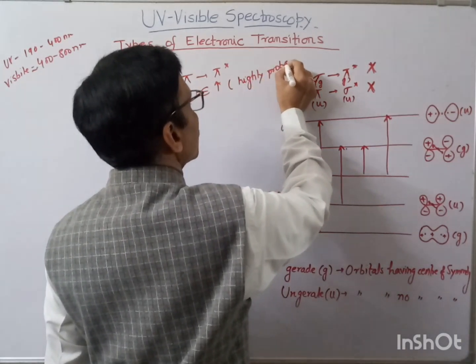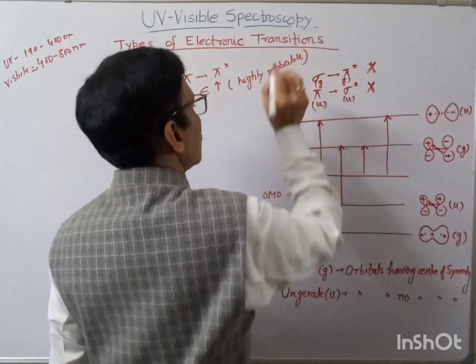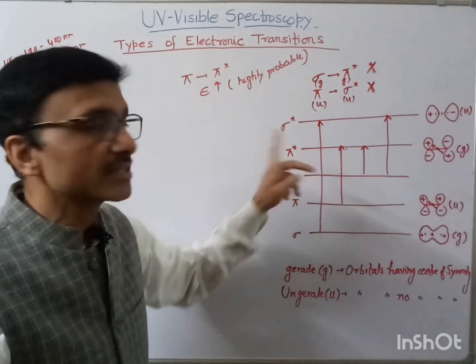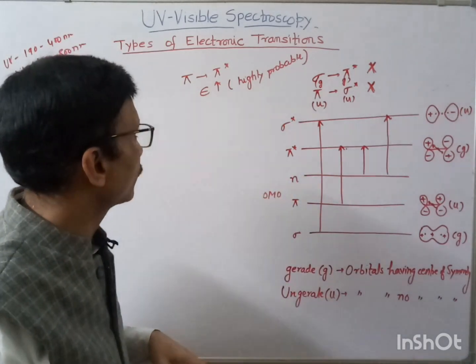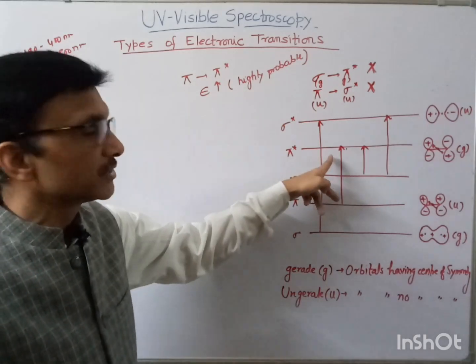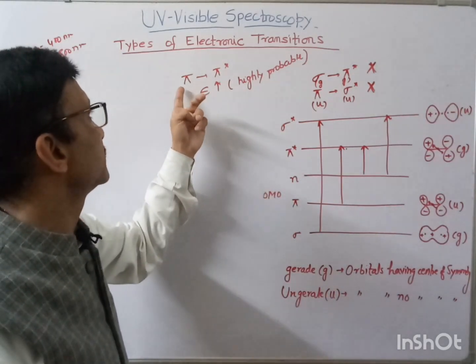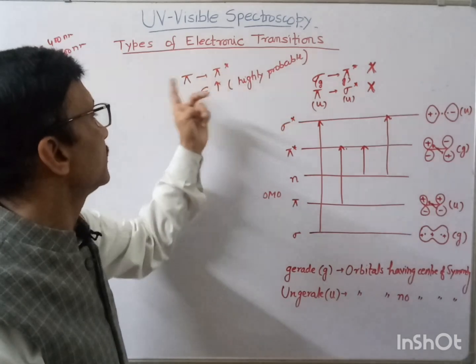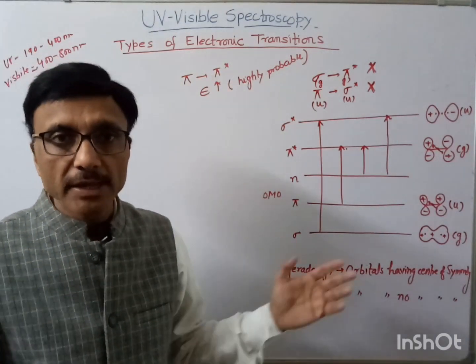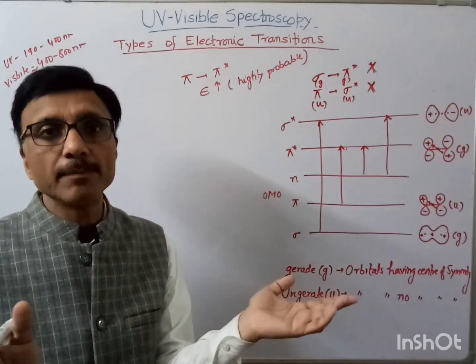And why? One thing is that it does not require very high energy; it requires less energy for the transition of the electron. Another thing is that the pi molecular orbital and pi star molecular orbital lie in the same plane.